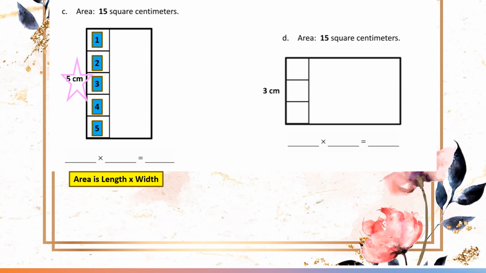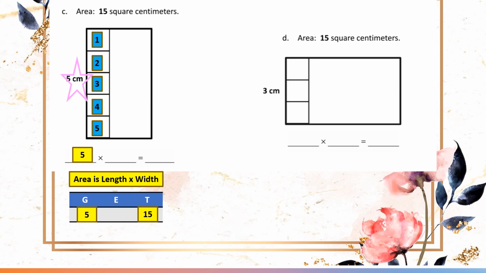And again, a reminder that area is length times width. We can use a Get chart to figure it out also. So our groups, number of rows, our length is 5. Now, 5 times what is 15?